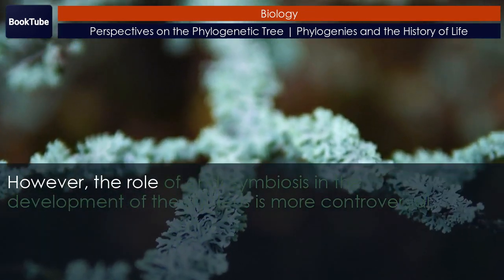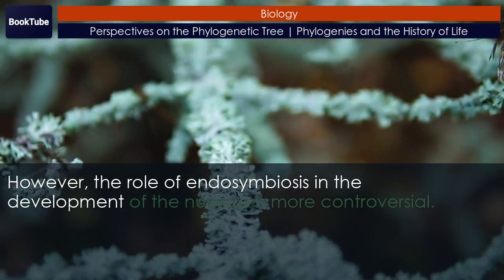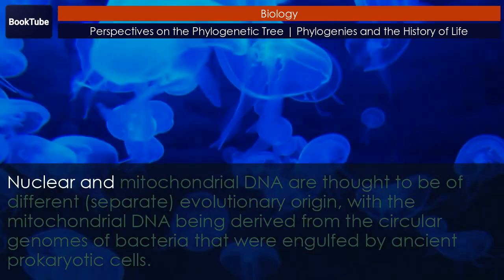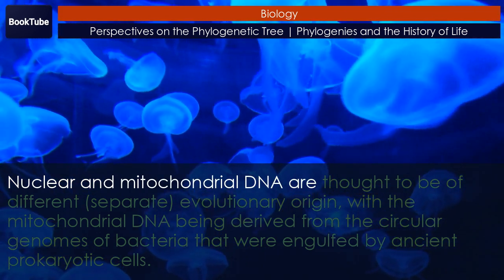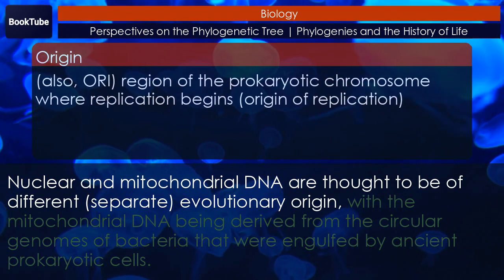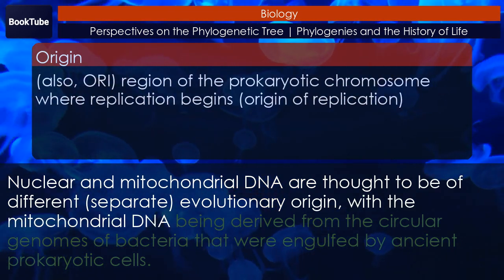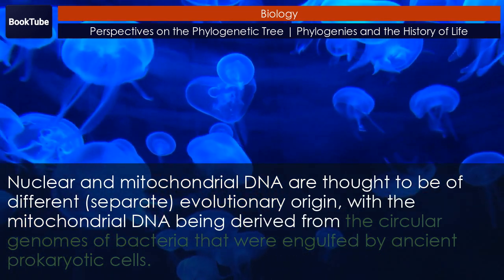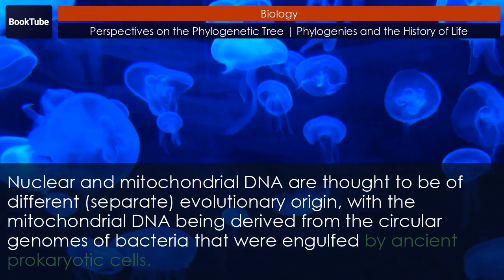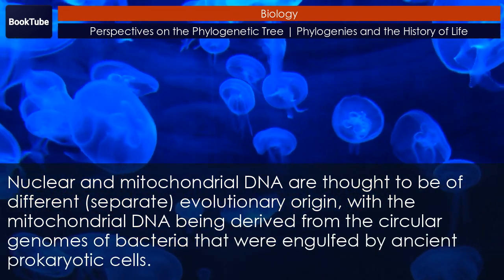However, the role of endosymbiosis in the development of the nucleus is more controversial. Nuclear and mitochondrial DNA are thought to be of different, separate, evolutionary origin, with the mitochondrial DNA being derived from the circular genomes of bacteria that were engulfed by ancient prokaryotic cells.